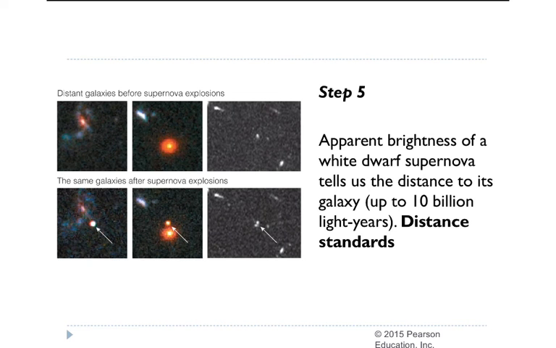Another way to detect distance for objects that are further out, now we're talking about 10 billion light years or so, is another standard candle: supernovas. If you recall, supernovas have a lower limit on the mass of those stars at the end of their life.